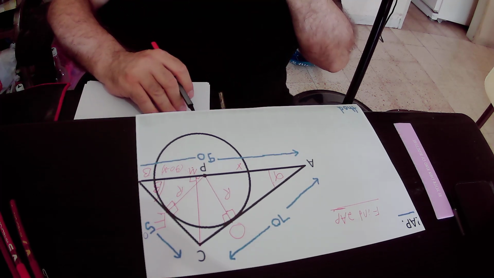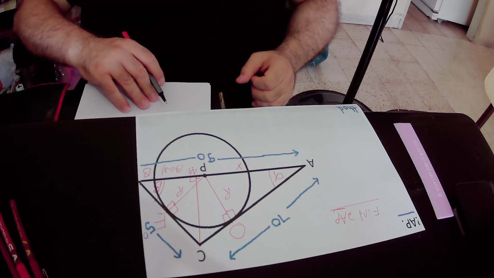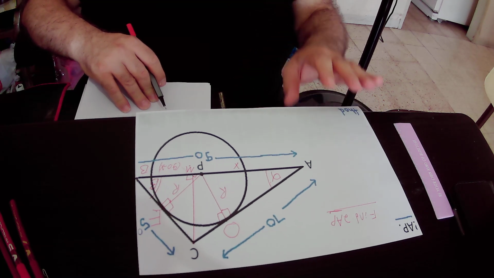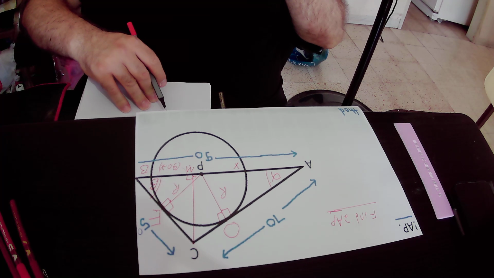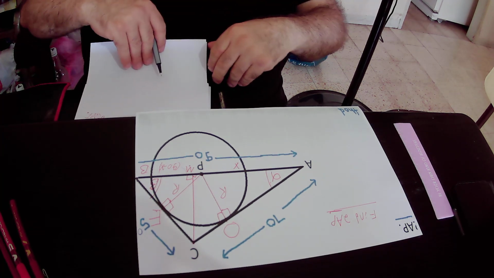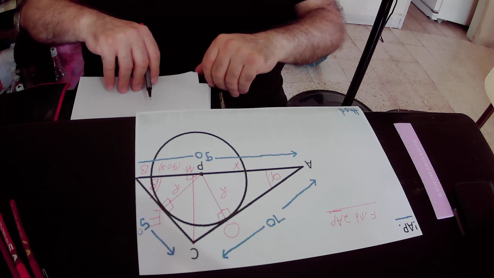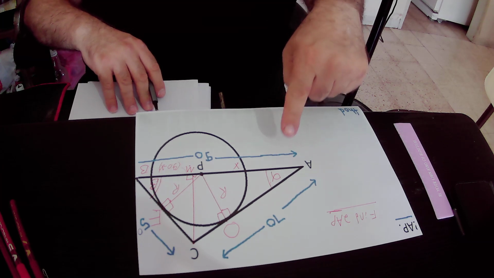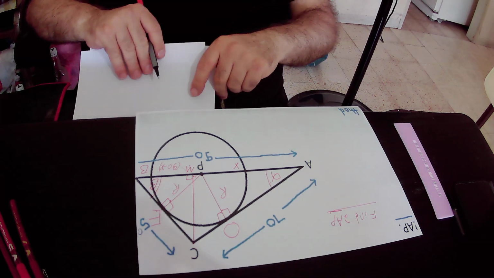Okay, so in the next step we'll focus on two right triangles in this side of the drawing.